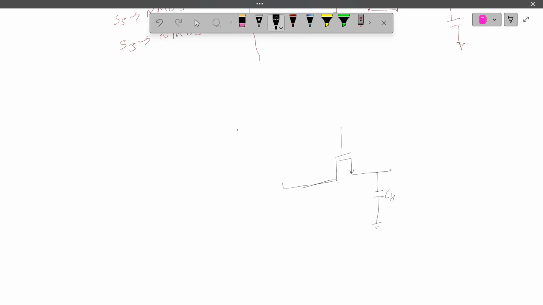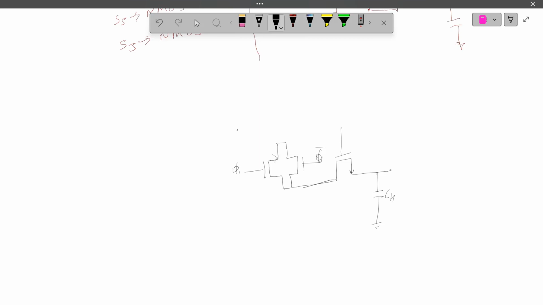Here we can use the transmission gate. This is phi 2, and this one is phi 1, so this one is phi 1 bar.